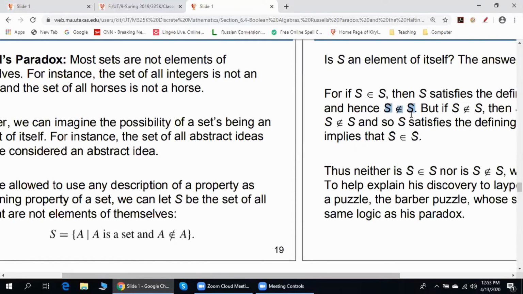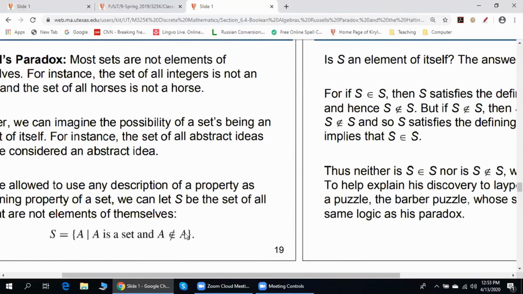Correct? Mhm. Now, case 2. Suppose S is not an element of itself. Since S is not an element of itself, it does satisfy this property. Correct? Yes. Since S does satisfy this property, S is from here.